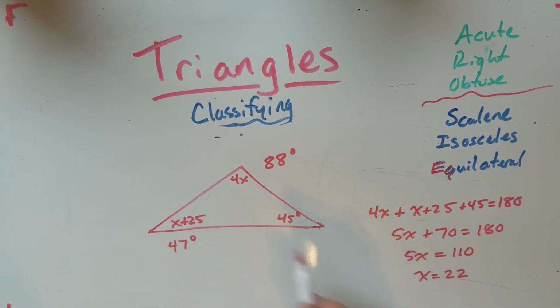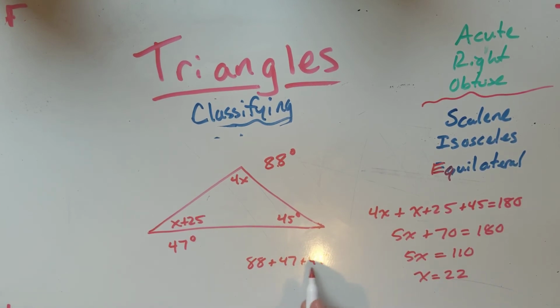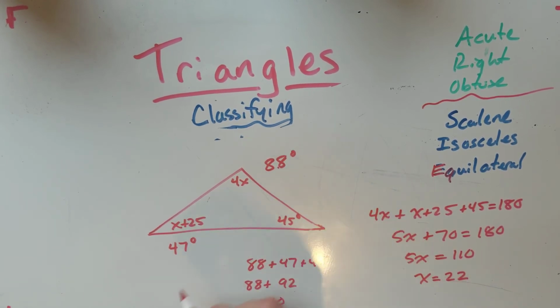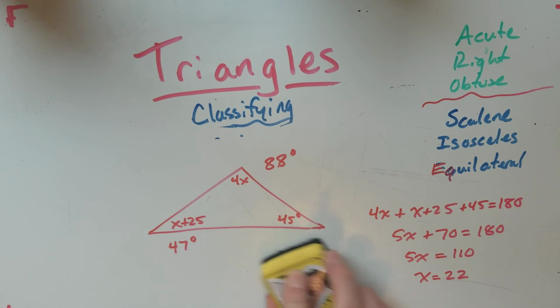And if you want to double check to see if that works, it's always good to double check. 88 plus 47 plus 45. And we'll see if we end up with 180. And when you add these, well, 47 plus 45 is 92. 88 plus 92, well, that is 180. So these are the correct measurements. We did the work correctly.